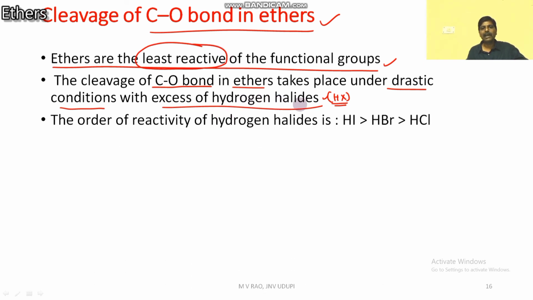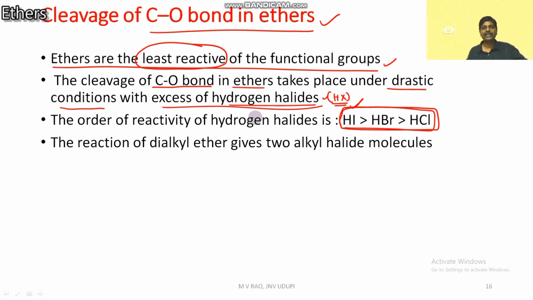So among hydrogen halides, HI is more reactive. This is the order of reactivity of hydrogen halides: HI greater than HBr greater than HCl.